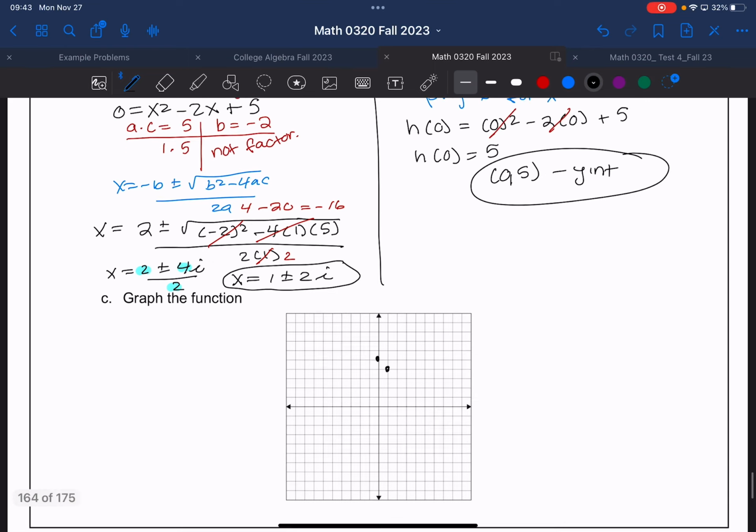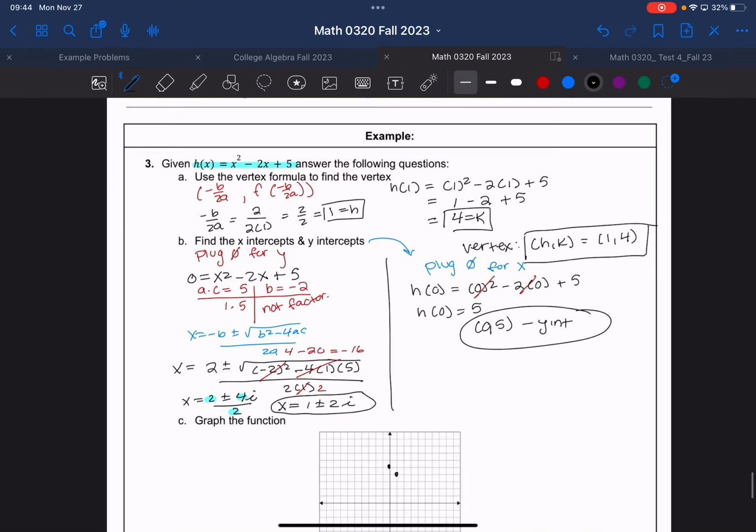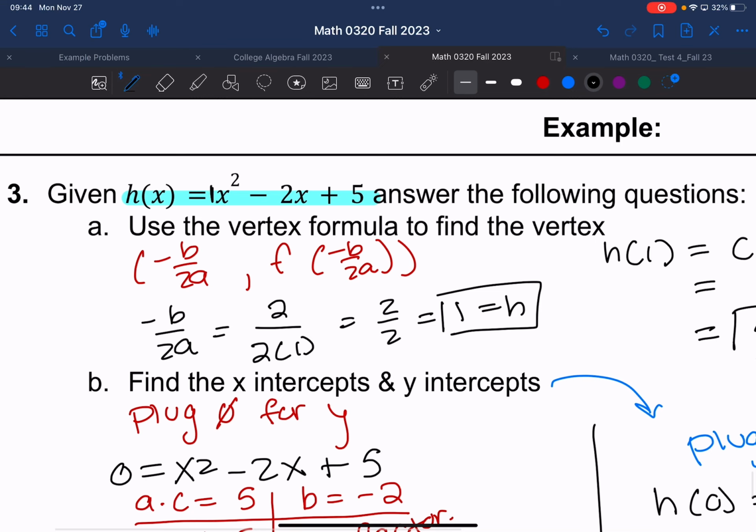Which direction is my graph going to be going, up or down? Remember, go back and look at my a value from the beginning. Is it positive or negative? Positive. Since my a value is positive, it's going to go up. And remember, my a value is this value here. Since it's a 1, it's positive. It means it's going to go up.